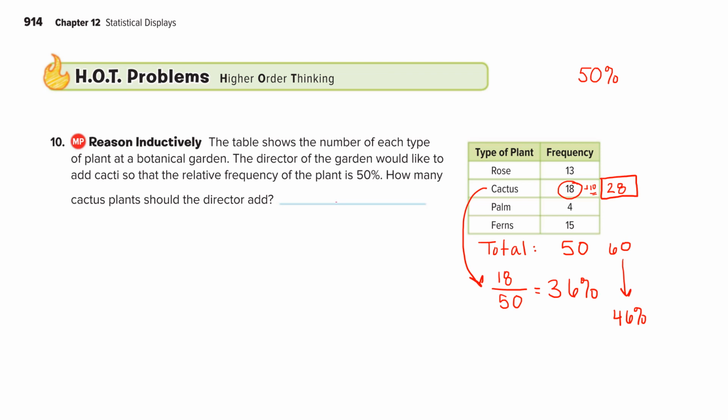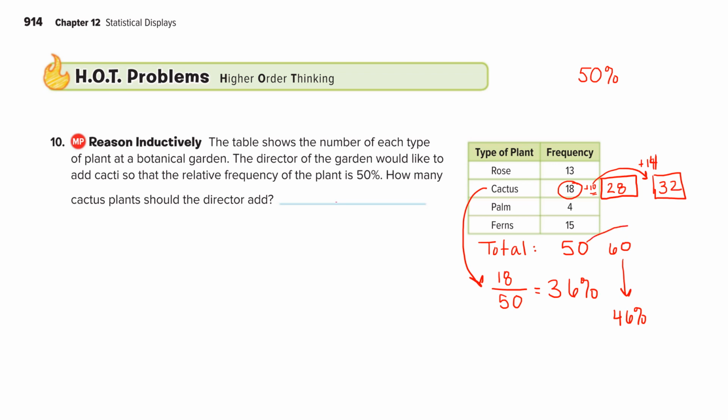All right, so now instead of adding 10, let's add 14. So 18 plus 14 equals 32.